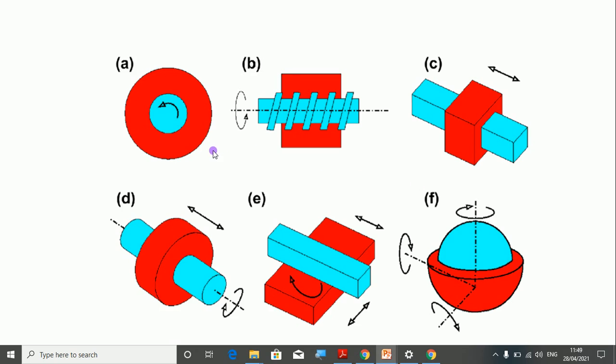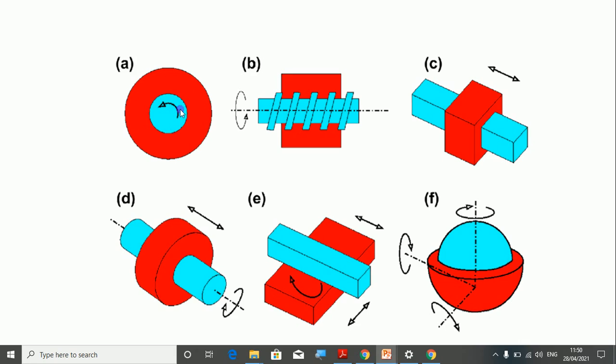Can anyone tell what kind of pair this is? There is a circular shaft and there is a circular disc. What is the kind of pair? It is having a rotary motion as well as a linear one. Correct. Thank you, Pratik.